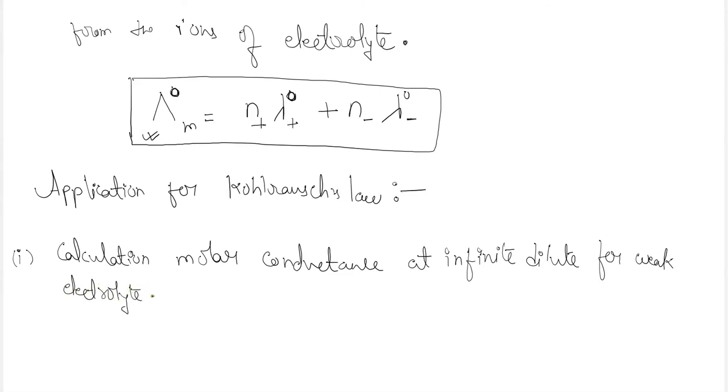It was very hard because it was not available there. All the graphs which were found there were only reaching toward infinity. But by using this particular formula of Kohlrausch law, we can easily calculate the molar conductance here, for weak electrolytes also.